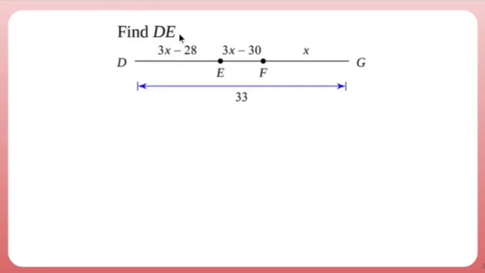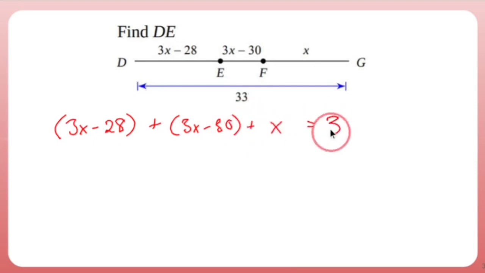Find DE, which is this chunk right here. This uses the segment addition postulate, which says if I add you and add you and add you, I get this whole thing. So since I'm given information about each little segment here, let's just add them all up. DE is 3x minus 28 plus EF is 3x minus 30 plus FG, which is just x, and all of that equals 33.